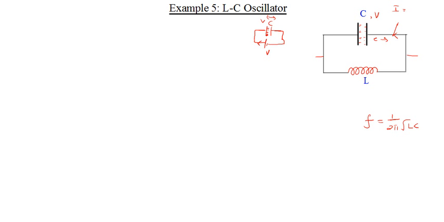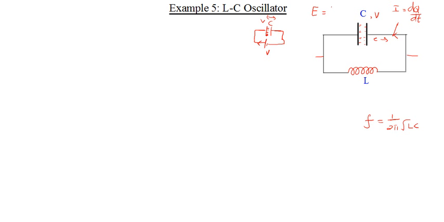What happens is that initially the energy is stored between the plates of the capacitor in its electric field in the form of electrostatic energy. There are different expressions you have learned, so it is equal to half CV squared, one of the expressions.